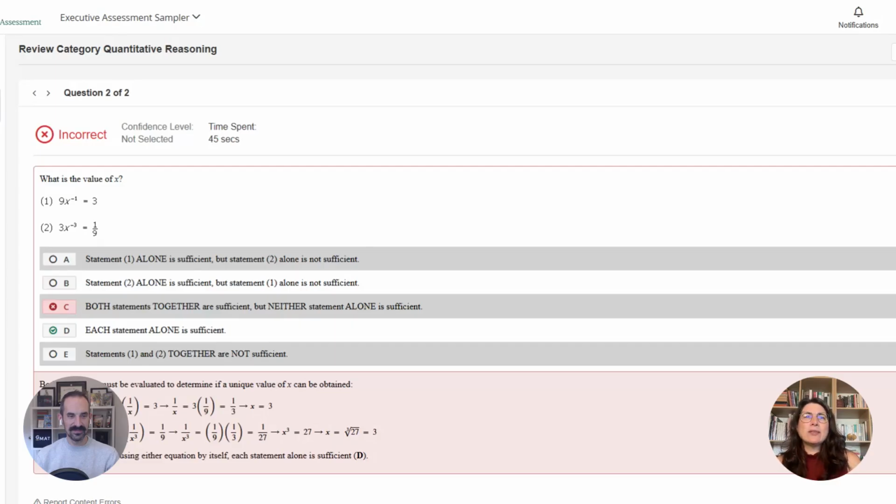I'm just asking you whether it's possible to solve the math. So you can see that this one's asking for the value of X, but you can also see that none of the answer choices have a value for X. So it's not actually calculate the value of X. It's which piece of information, or which pieces in combination, would be sufficient in order to be able to calculate the value of X.